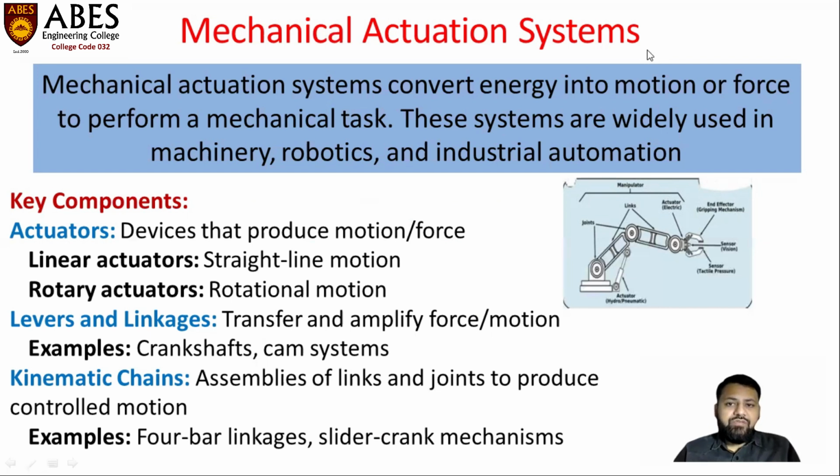The key components of a mechanical actuation system are the actuators, levers, linkages, kinematic chains, and some other parts. We will discuss all the key components one by one. Firstly, we will talk about the actuators.